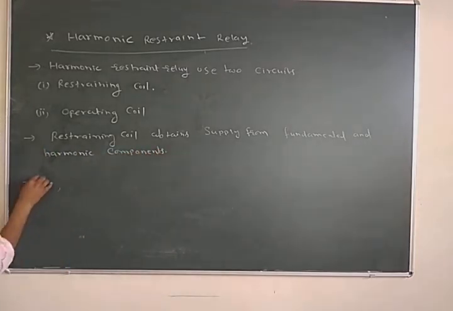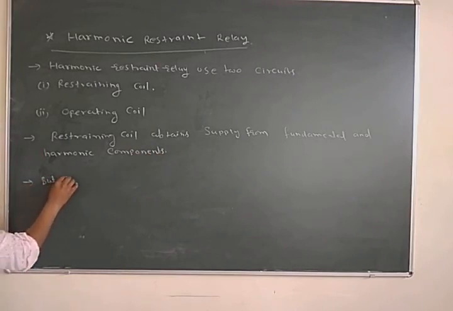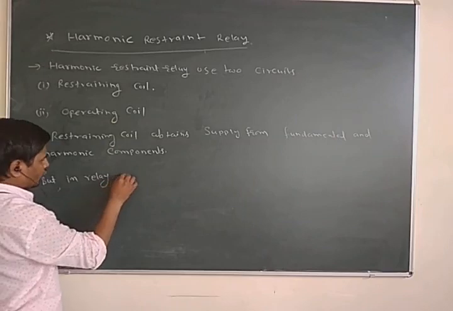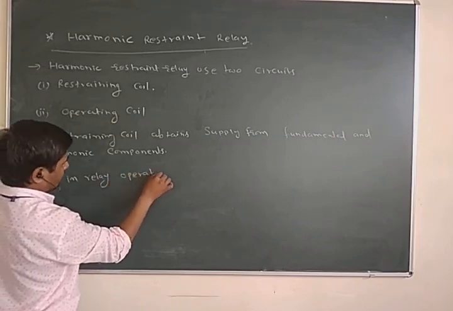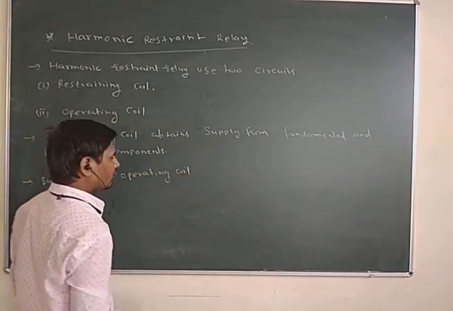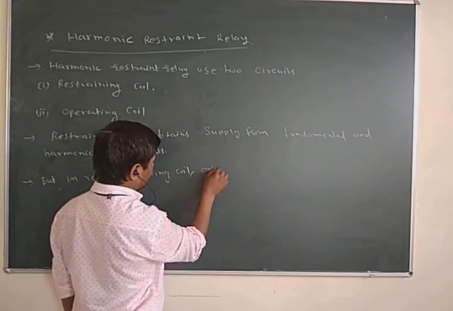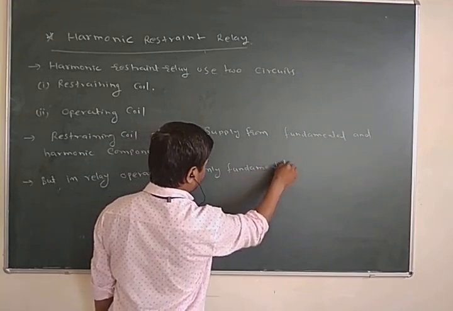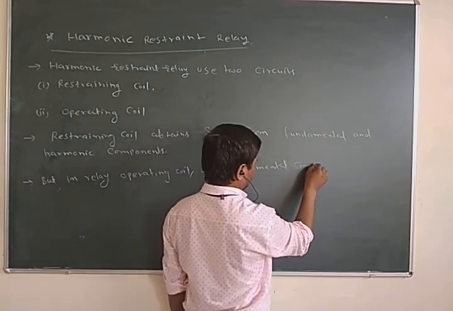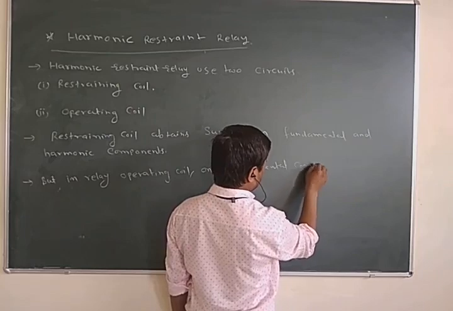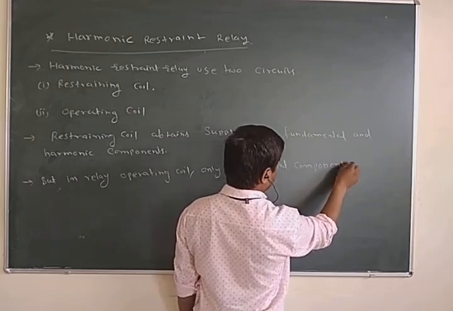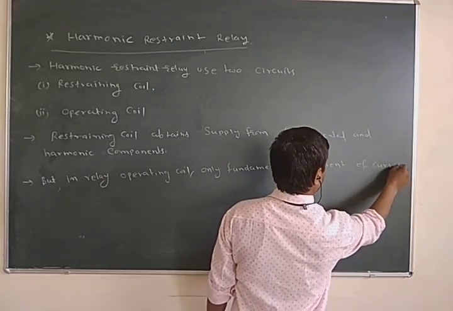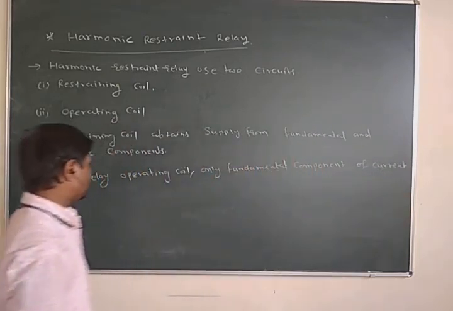But in the relay operating coil, only the fundamental component of current flows in the coil.